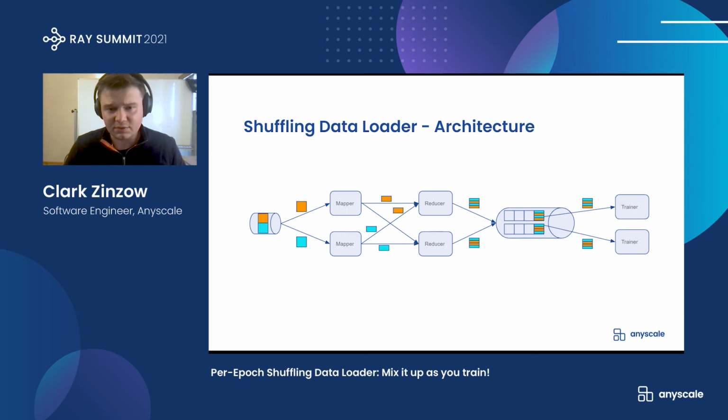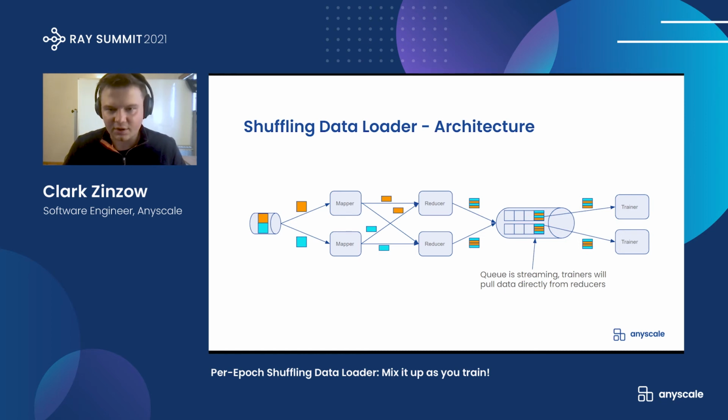And the reducer will do sample-level shuffling, like it'll take all of its mapper partitions and shuffle up those samples. And also this queue is streaming. It just works with references to the data, not the actual data. So the trainers will pull directly from the reducers.